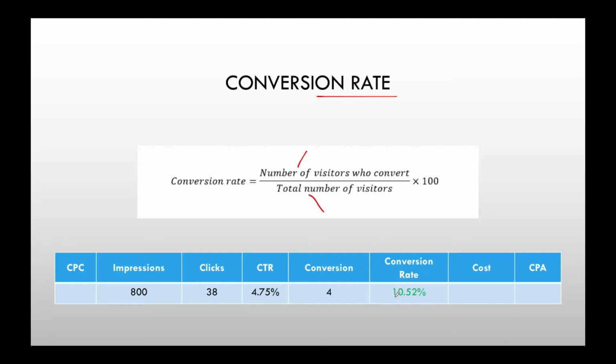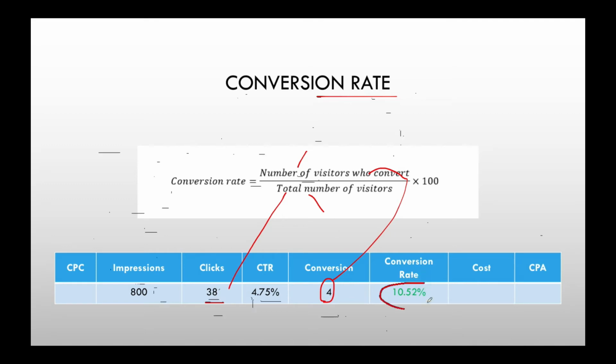So considering the previous example, we have 38 clicks. Our ad has received 38 clicks, and these 38 clicks led to 4 conversions. So the conversion rate would be 4 conversions divided by 38 clicks multiplied by 100, which is equal to 10.52%.